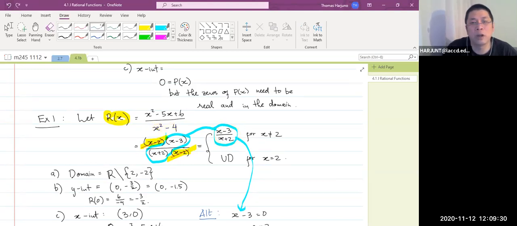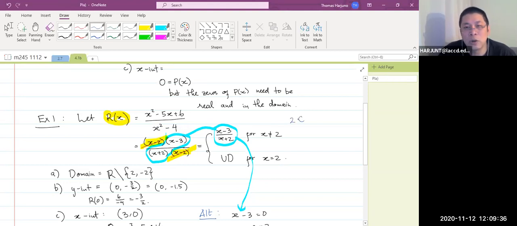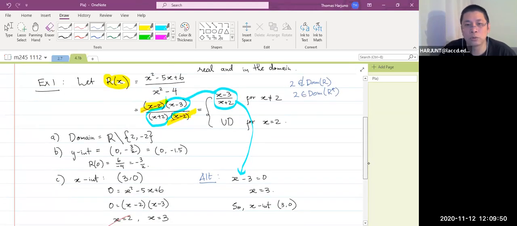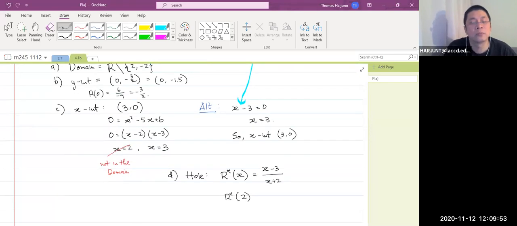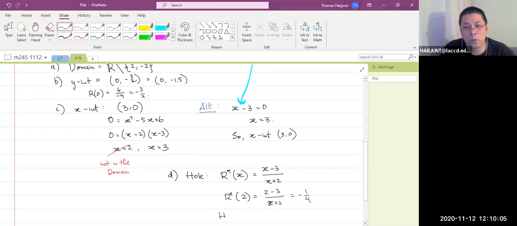Okay, so to identify the hole, you will see that the 2 is not in the domain of the rational function, but it is in the domain of the simplified function. So you know that the 2 should go to the simplified function. That's how we actually find the location of the hole. So 2 minus 3 over 2 plus 2, that's negative 1 fourth. So the coordinate of the hole is (2, negative 1 fourth).